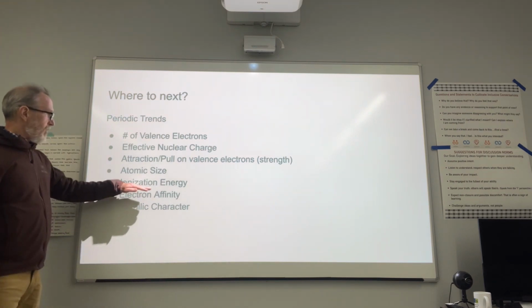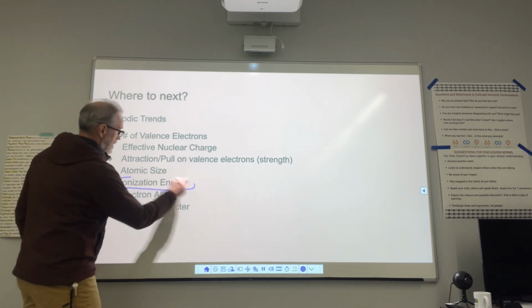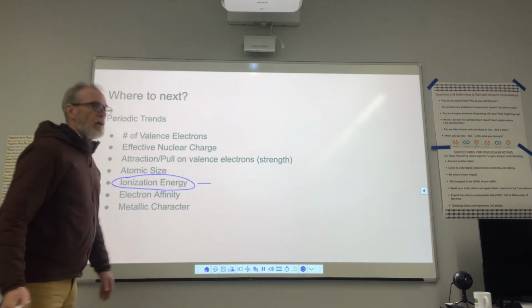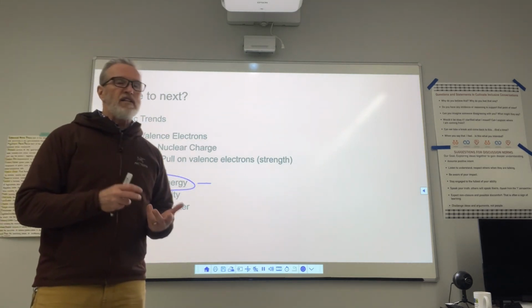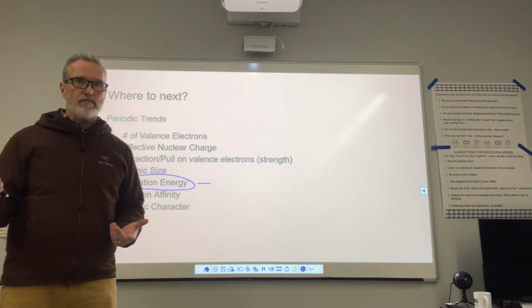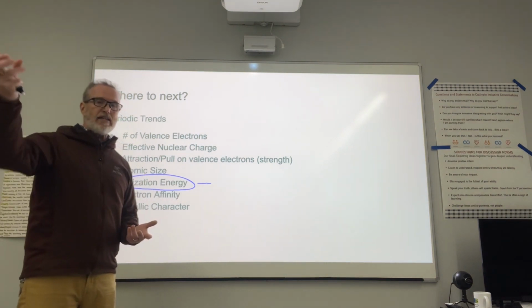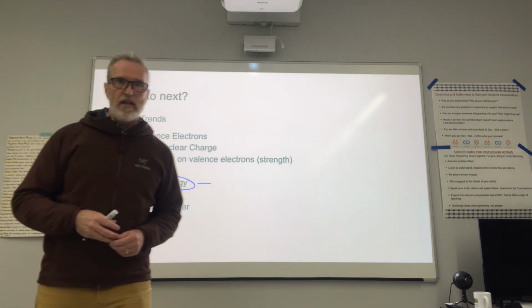Got it. So ionization energy, basically what we're looking at here is how difficult is it to remove an electron from an atom. I talked about picking apples. How hard is it to get the apple off of the tree?